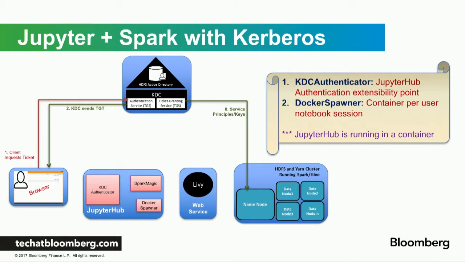Every time a user authenticates, it is going to create a separate container per user so that there is isolation, which I talked about before. So this is why I'm using the Docker spawner here. You can use any other kind of spawner. You can create just a spawner to create a separate process per user. Because JupyterHub provides the extensibility point for the spawner, I'm able to create my own spawner.